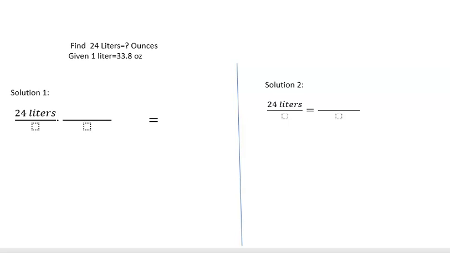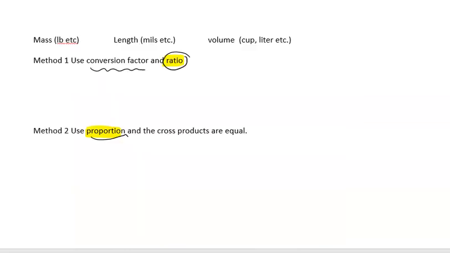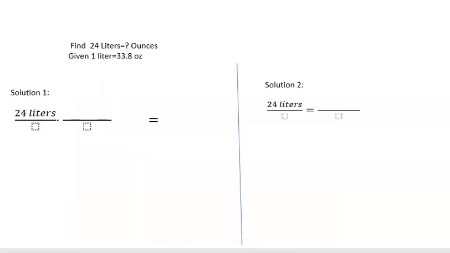Given 1 liter equals 33.8 ounces, if you don't know that, you can just Google it, or you can find it in the textbook. We need to find 24 liters equal to how many ounces? We have two different solutions. The first solution, I'm going to use a ratio. And the second solution, I'm going to use a proportion.